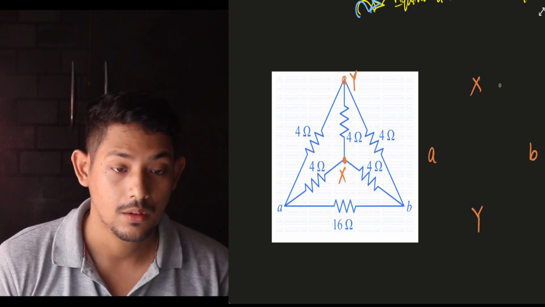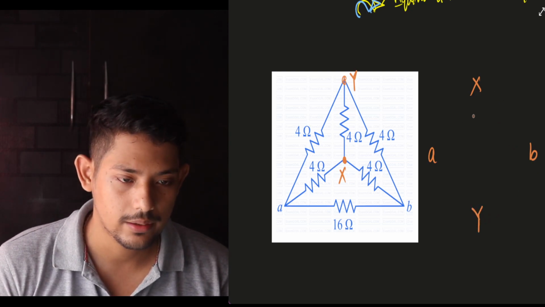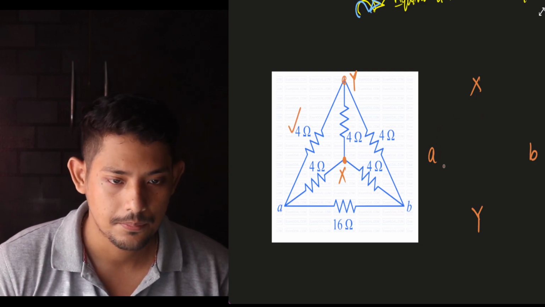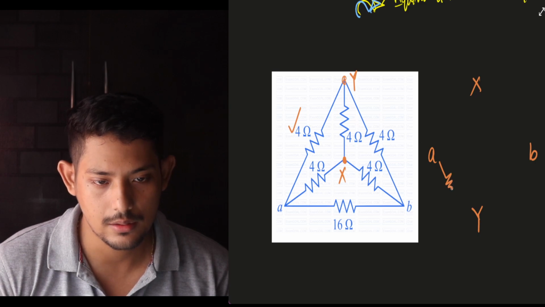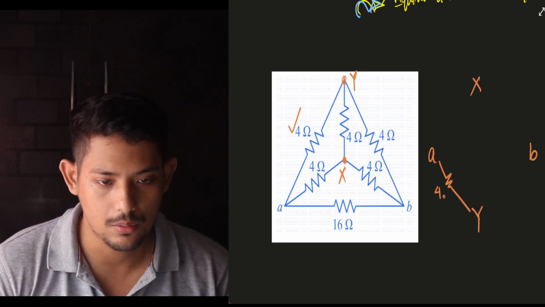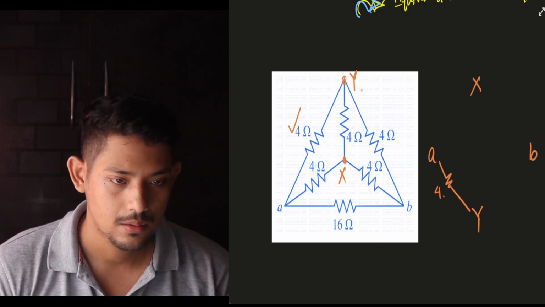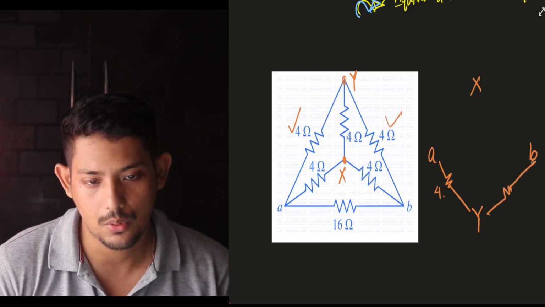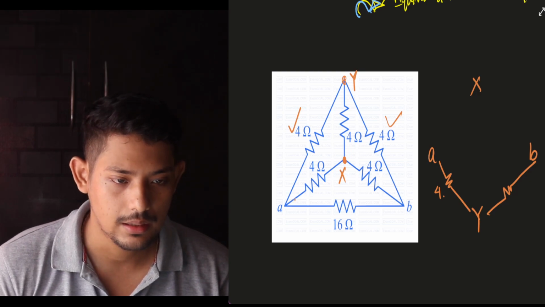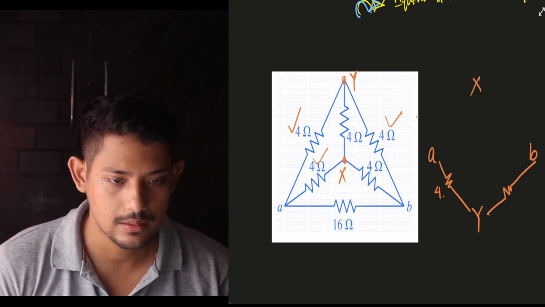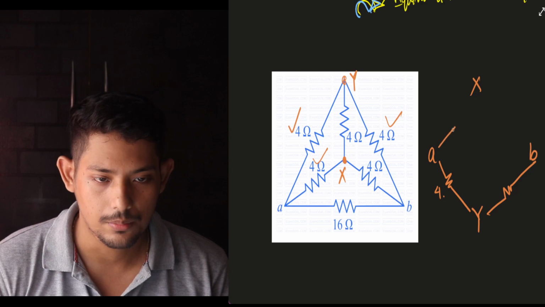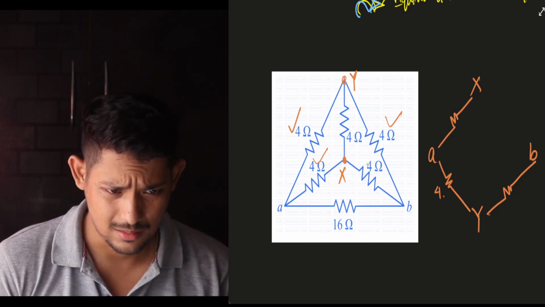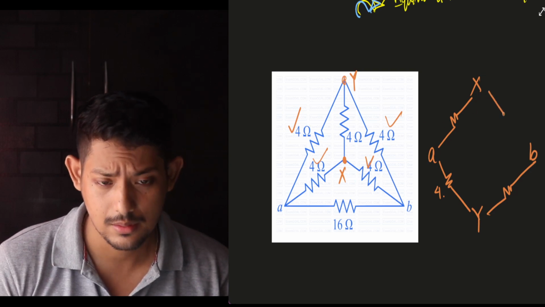Now A to Y, this resistor is across A and Y, which is 4 ohms. Then Y resistor B, which is again 4 ohms. Then A resistor X, which is again 4 ohms. Then X resistor B, which is again 4 ohms.